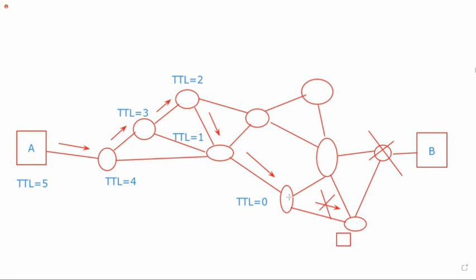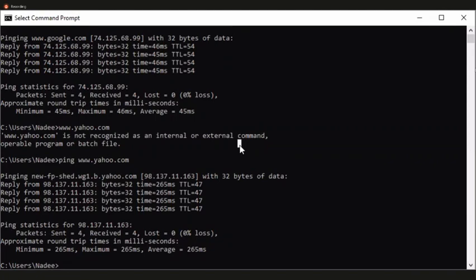So yeah, you should put a TTL value which is not very low and not very high, but somewhere in the middle. These values are having some kind of middle value, so that it's not too high and not too low.